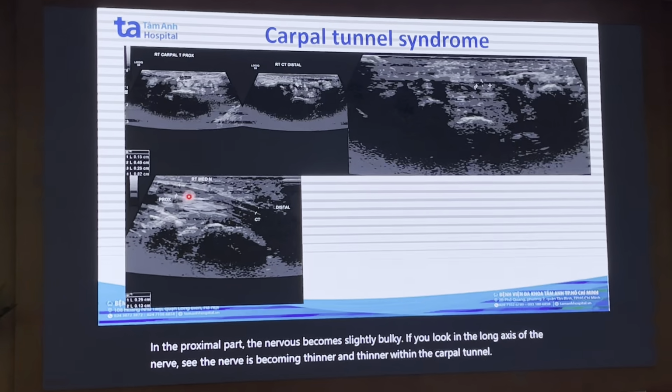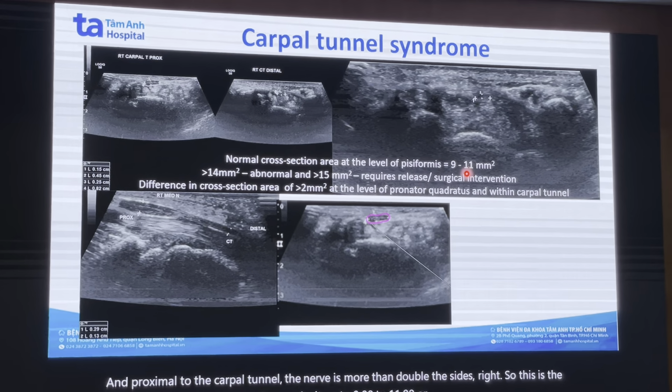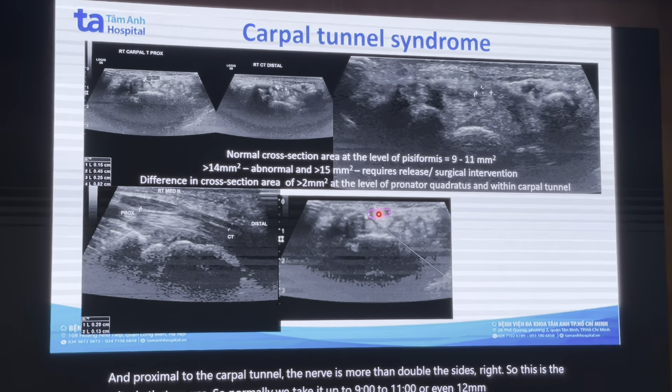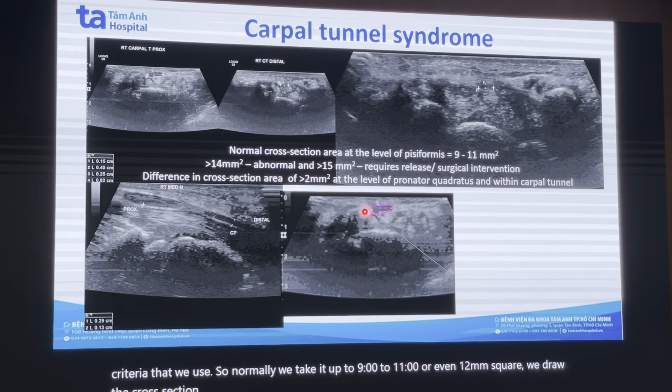So this is the criteria that we use. Normally we take it up to 9 to 11 or even 12 millimeters square. We draw the cross-section area with the hand. More than 14 is abnormal, but if it is more than 15, then it's considered a more severe form of carpal tunnel syndrome and requires a release or a surgical intervention.